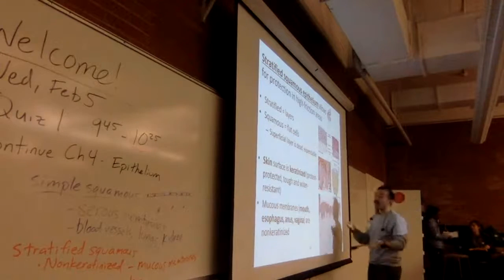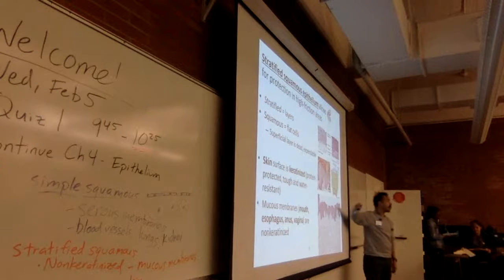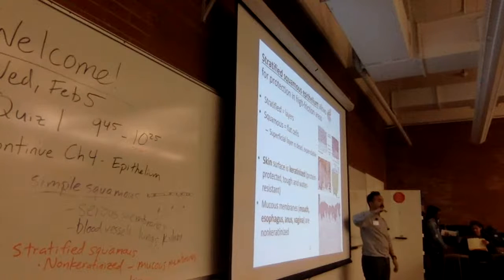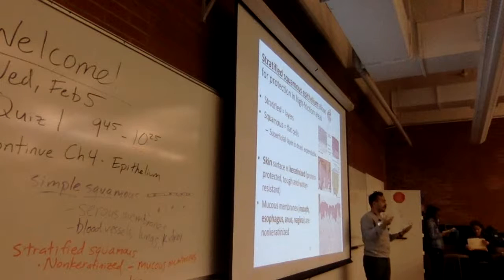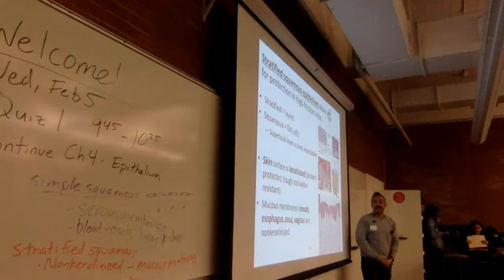What's true about both of them is that the outermost layers, the superficial layers, are dead. You want dead layers of skin cells so that, because there's so much friction and you're exposed to different things, you want them to be protective, like scales that you can just get rid of in case of damage.